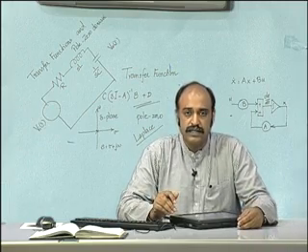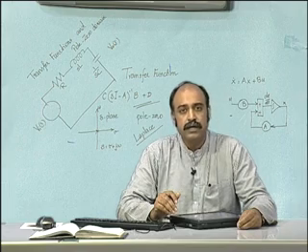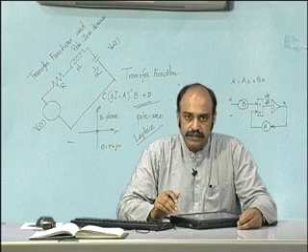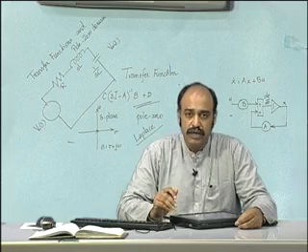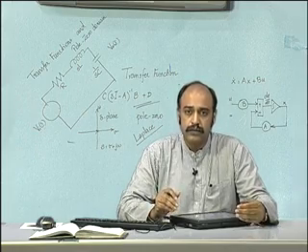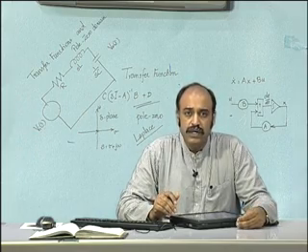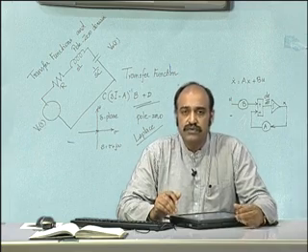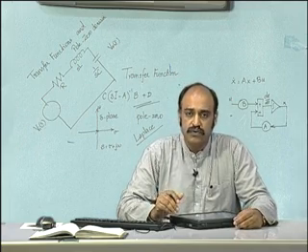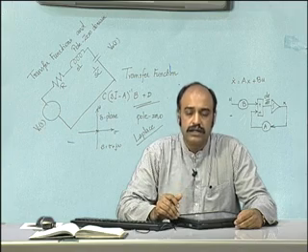We saw in the last session how we go about modeling for sinusoidal steady state conditions by replacing d by dt with j omega. In this session, we shall look at what is called transfer function modeling. I will explain what a transfer function is later as the class progresses.